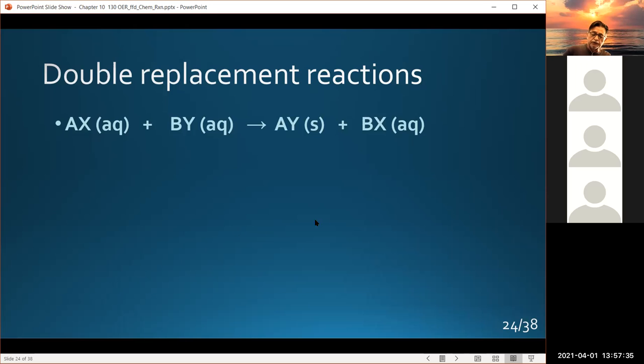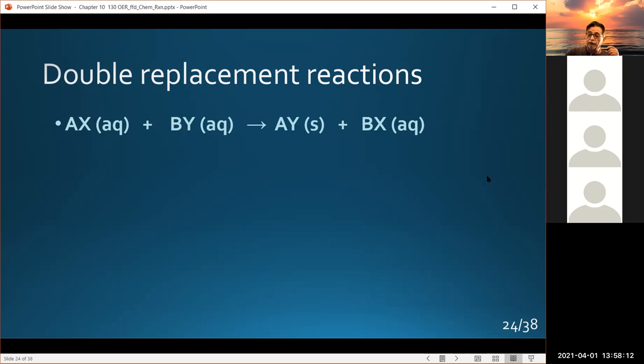Notice this reaction here, AX plus BY, a very general reaction. Those are two reactants coming together. They're both aqueous, implying that they're both soluble in water. In fact, they wouldn't be in the same container, they'd be in separate containers, both soluble solutions. You mix the two beakers together, and what happens if it's a positive reaction? You get a precipitate, and it's cloudy.